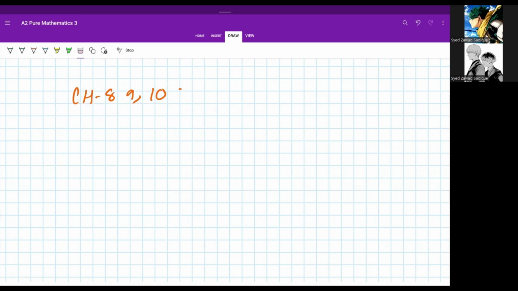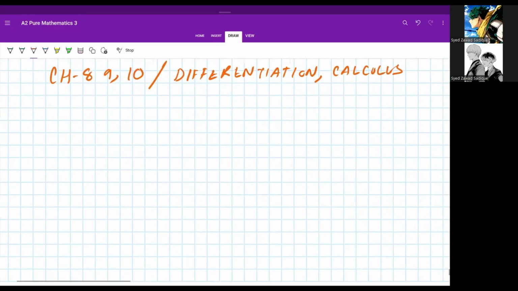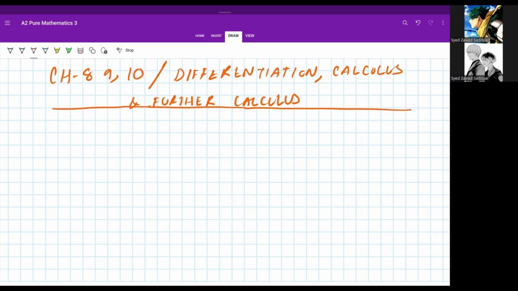Chapter 8, 9, 10 is differentiation, integration, and further calculus. Okay. All right.